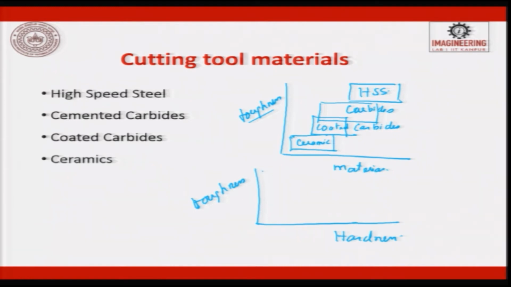So, it will be somewhere here, hardness high and toughness low. It will be just an inverse curve. So, here you will have ceramics, and if you talk about HSS, hardness very low, toughness very high, you will have HSS here.